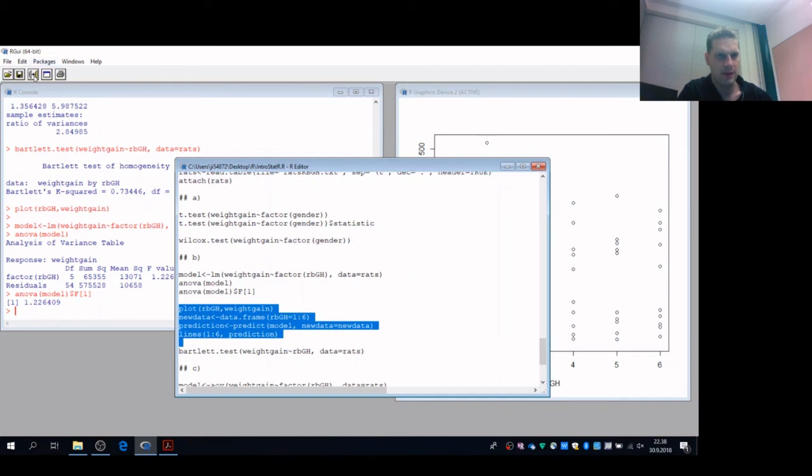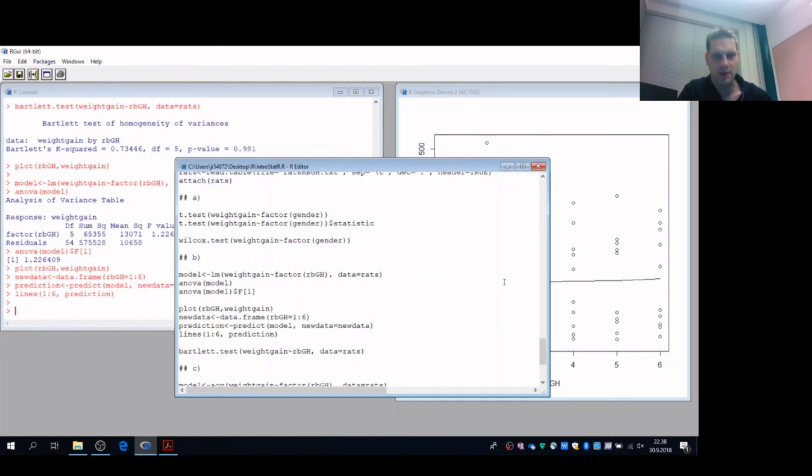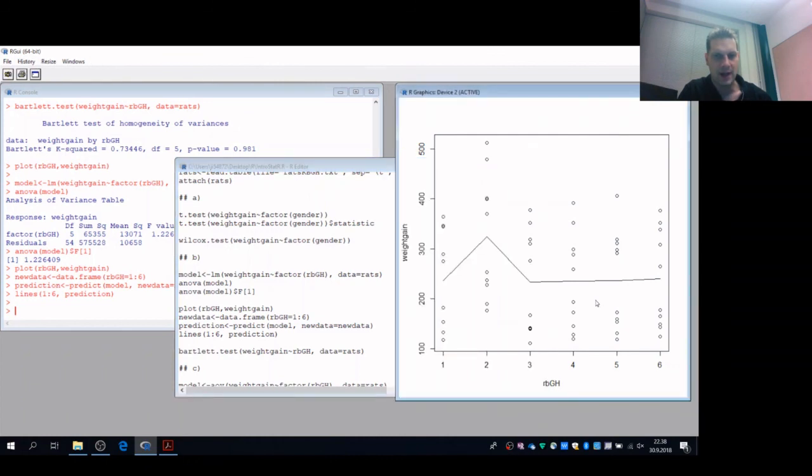So I have used here some graphical things which we will discuss next time. So these are actually the conditional sample means in these 6 different subpopulations, and they were now looking like this.